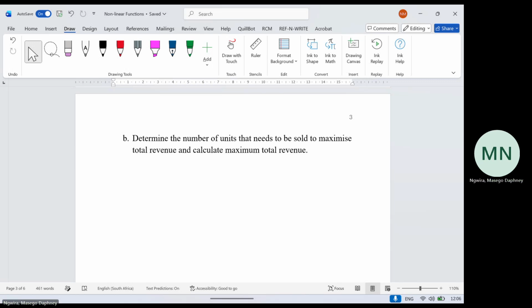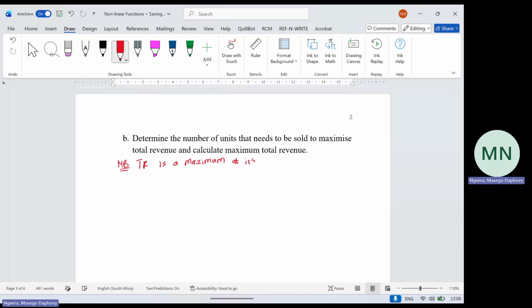Before I can continue, I want you to please note that total revenue is a maximum at its turning point. Total revenue is a maximum at its turning point.